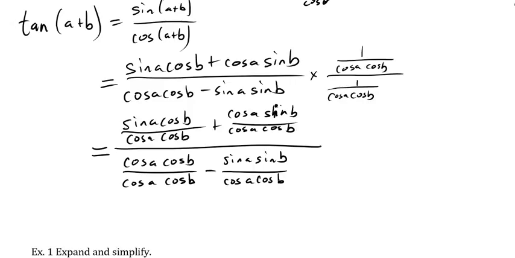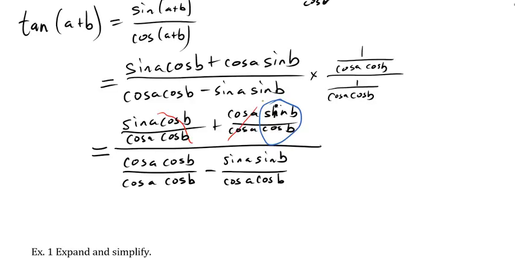That looks good. And if you don't see it yet, look what happens. Cos B over cos B, 1, gone. Cos A over cos A, 1, gone. What's left? What is sine A over cosine A? Tan A. Nice. What is sine B over cos B? Tan B. Nice.